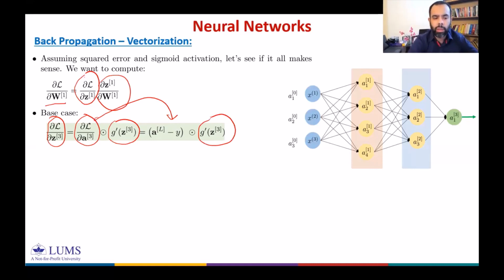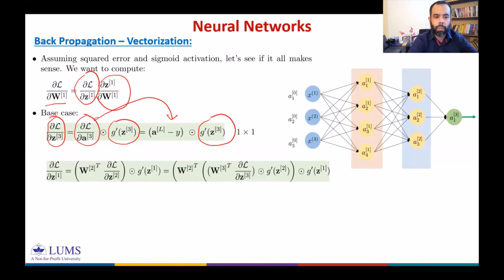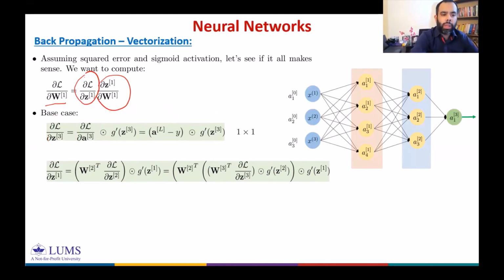If you ask the dimension of this, in this example, this quantity is a scalar. Right? And now using this base case and the key equation, I can compute derivative of loss function with respect to Z1. It will be simply this derivative of L with respect to Z2, which I again use recursively to relate with the base case.